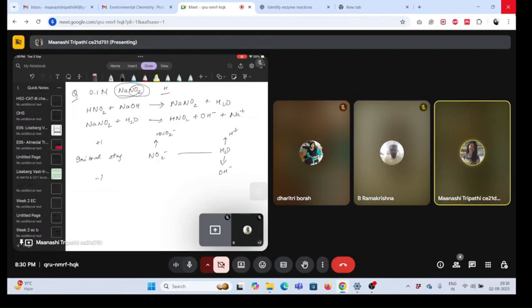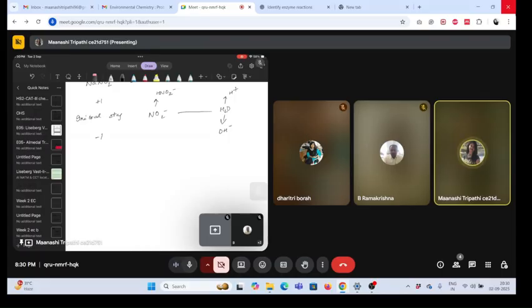Now simple proton balance equation, positive is equal to negative, +1 stage is equal to -1 stage. So HNO2 plus H plus is equal to OH minus. So here what we will do, we will add these two, and wherever it cuts OH minus, that will be our equivalence point. We have to draw a similar curve.